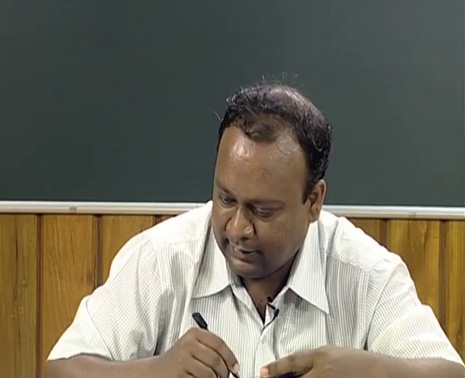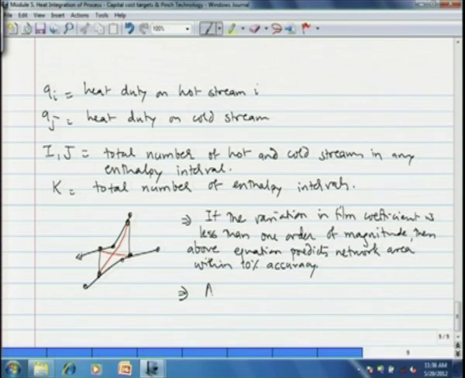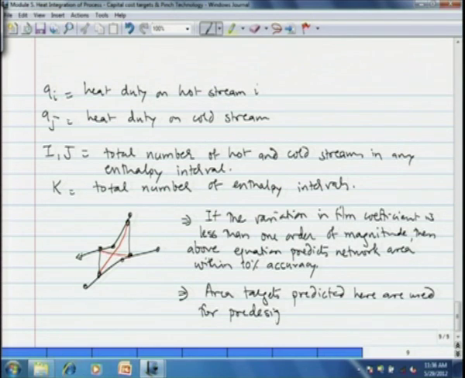Okay, so, that point we note here, that area targets predicted are only for pre-design optimization. Okay. Area targets predicted, because we are not making one-to-one matches, we are just finding out the area in a particular enthalpy interval where there are many hot and many cold streams, are used for pre-design optimization of energy and capital trade-off.